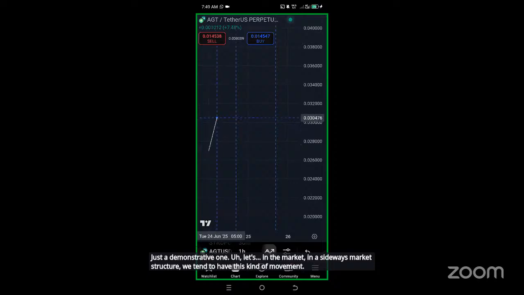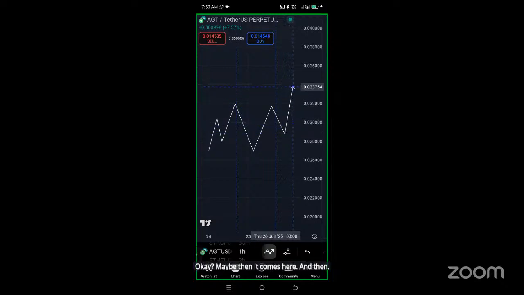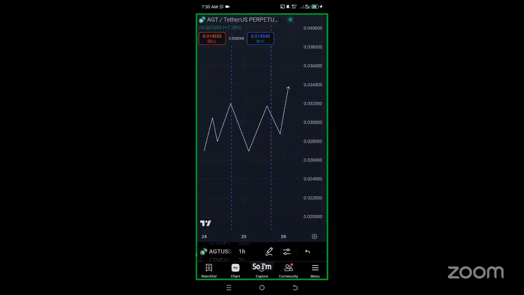The market price rises and then dips slightly, possibly it may even rise to that level, then comes back here, maybe to this point, then rises again, maybe then it comes here, and something like that. So I'm going to give this as an example.